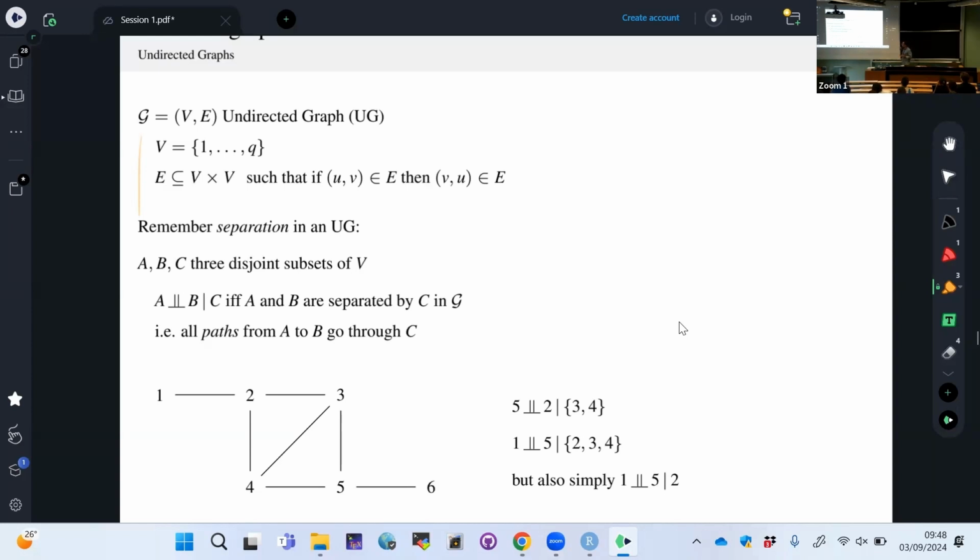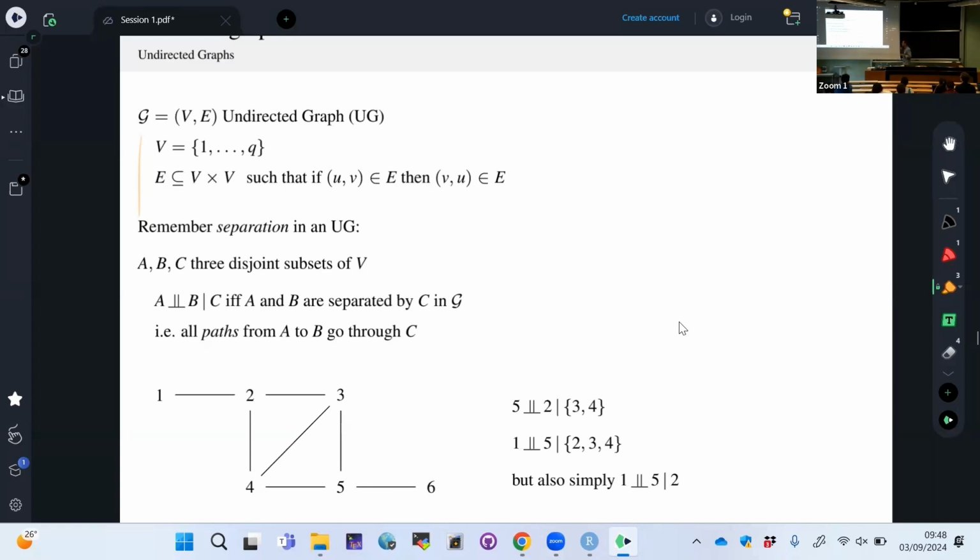Now remember separation in an undirected graph. If you have three disjoint subsets of the set of vertices, say A, B, C, then we say that A and B are conditionally independent given C if A and B are separated by C in the graph.